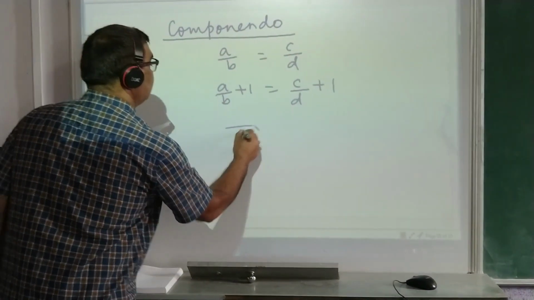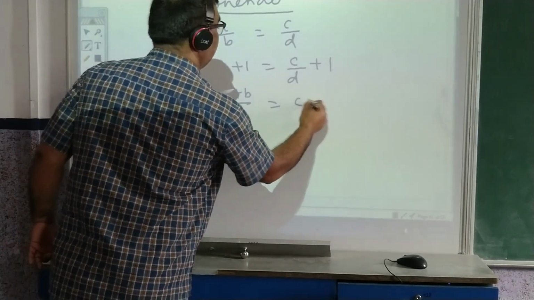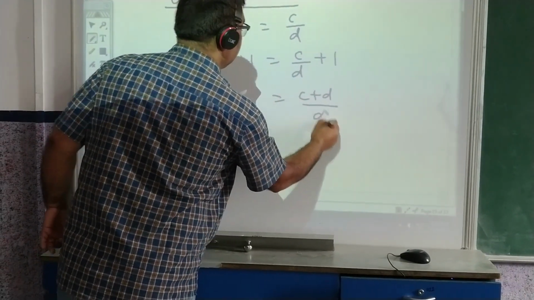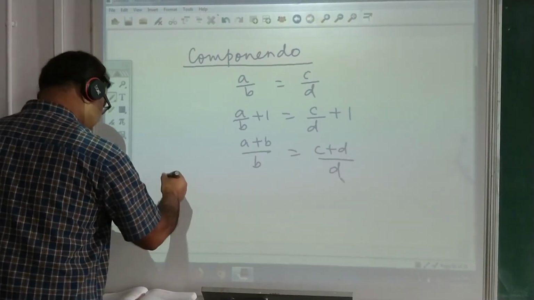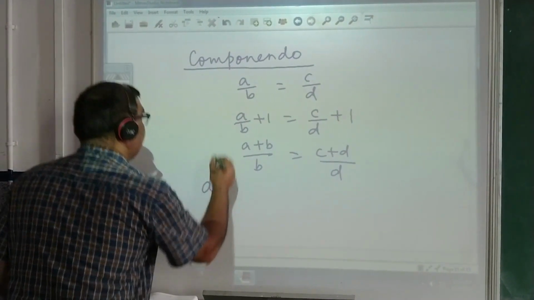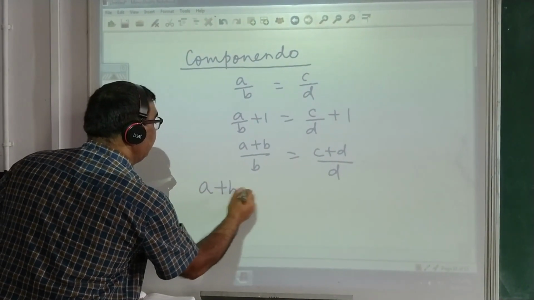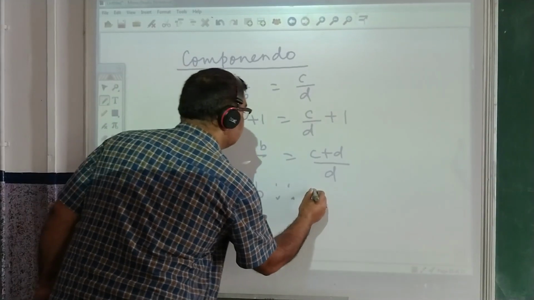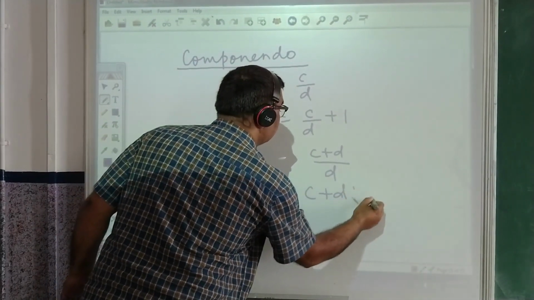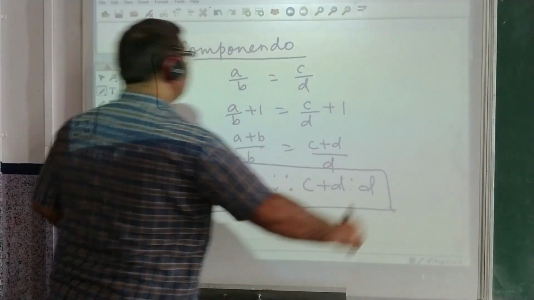So the result is what? A plus B by B, C plus D by D. So using componendo, can I write A by B equals C by D as A plus B is to B as C plus D is to D.